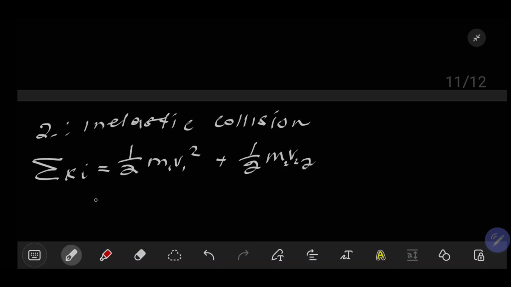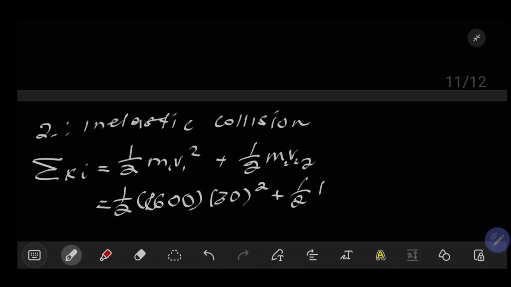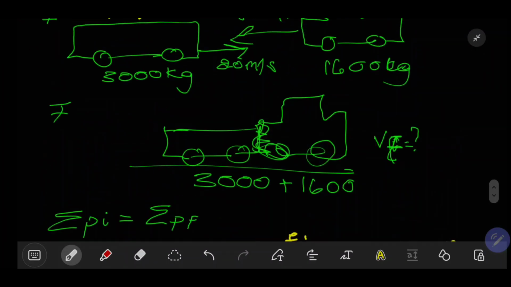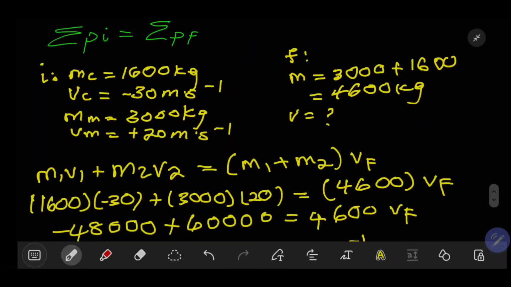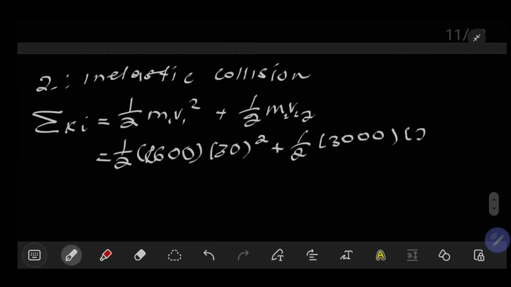The mass of that car was 1600, traveling at a velocity of 30 meters per second, and we square that, plus half of that mass, which is 3000, multiplied by the velocity, which was 20 meters per second, and then we square that.